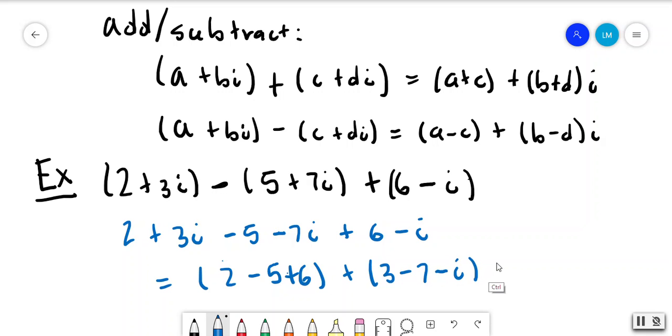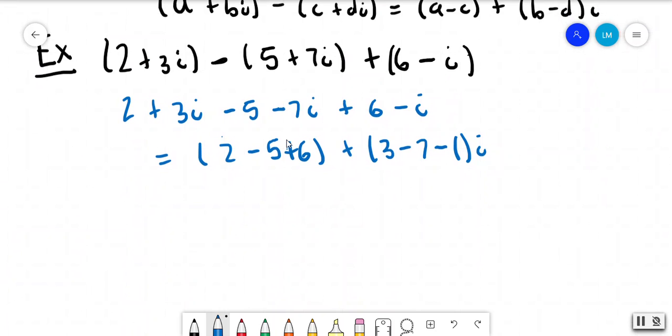Not i, it's actually 1. So this equals 3, because 8 minus 5 is 3, plus 3 minus 8, which is negative 5. So you have 3 minus 5i, and that's it.